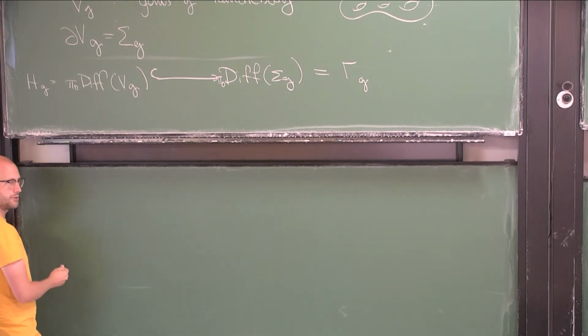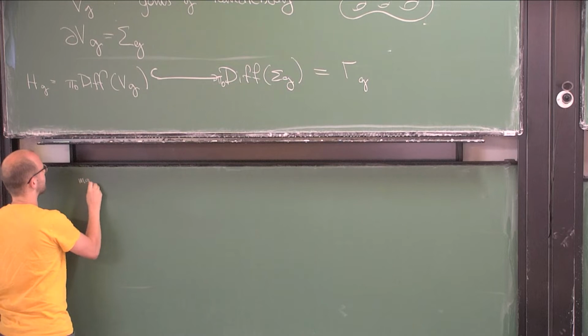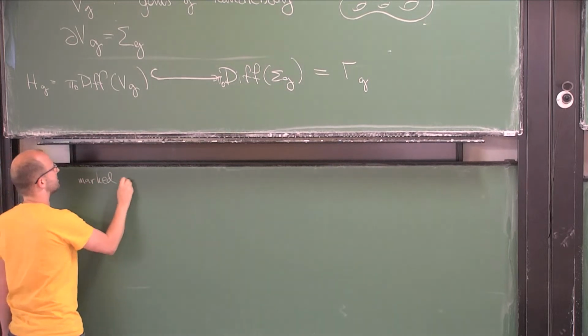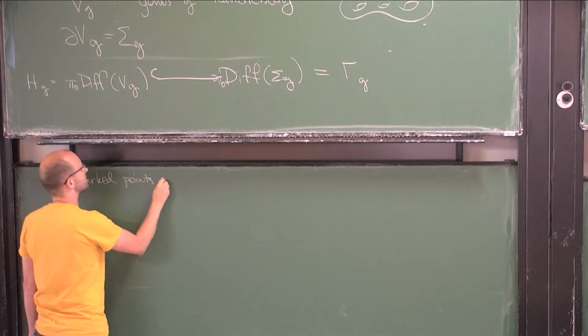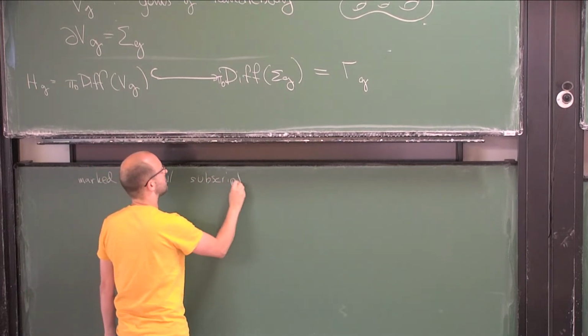I also want versions of this with marked points and marked disks on the boundary. I'm going to write marked points with a subscript.